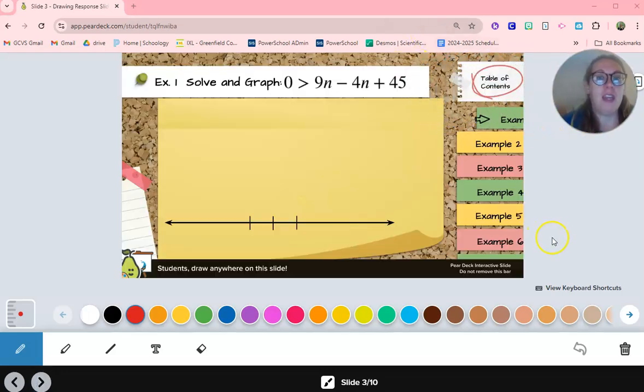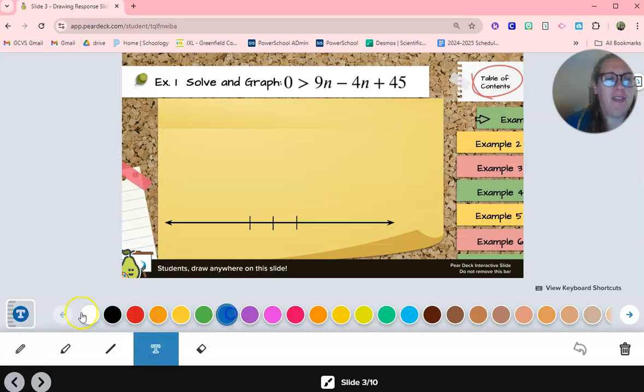Okay, here's our first one. It says solve and graph 0 is greater than 9n minus 4n plus 45. The first thing we want to do is just write what we have. So I'm going to use my text tool. You can use whatever you would like, but I'm just copying down our inequality.